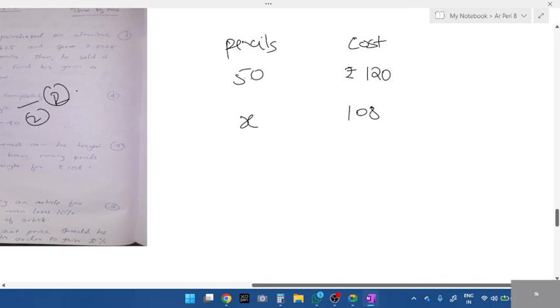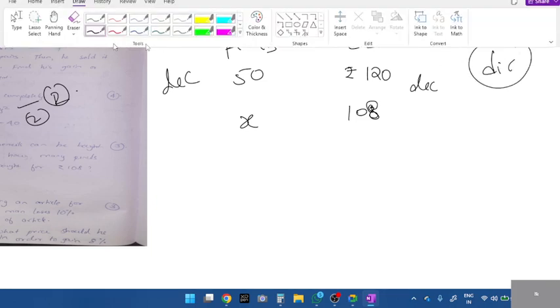For 120, you're getting 50 pencils. For 108, will the number of pencils increase or decrease? Decrease, right? So the pencil side is decreasing. What about the cost side? 120 to 108, decreasing or increasing? Both are decreasing. Direct or inverse variation? Direct variation.